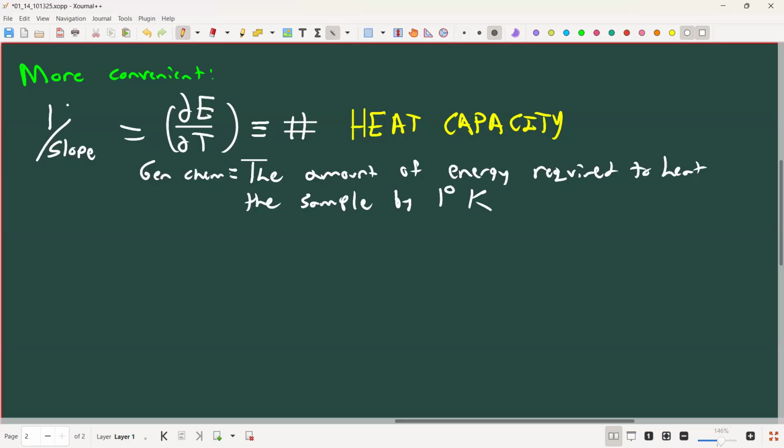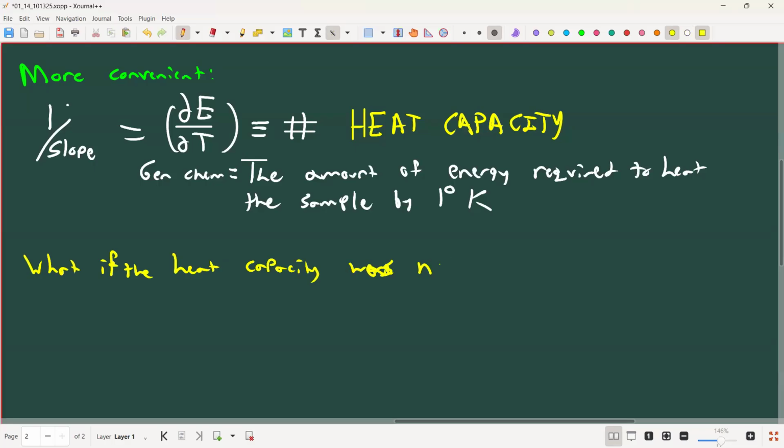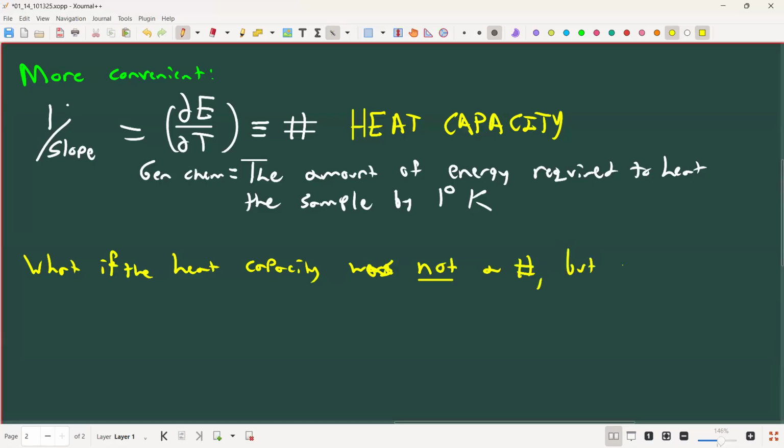But what if, for instance, the heat capacity was not a number, but a function of temperature? Right.